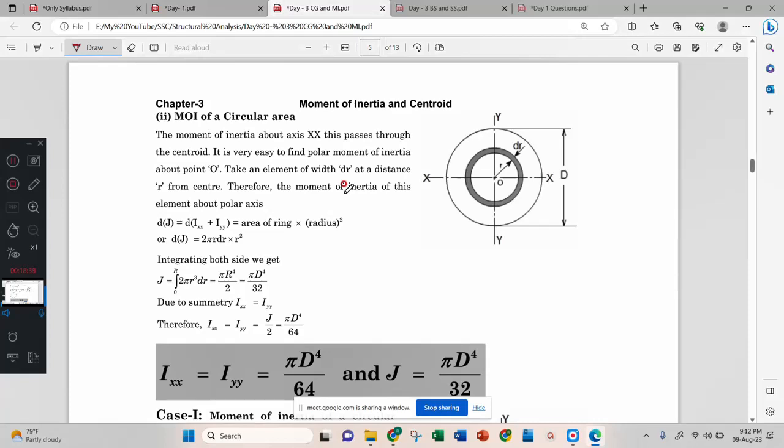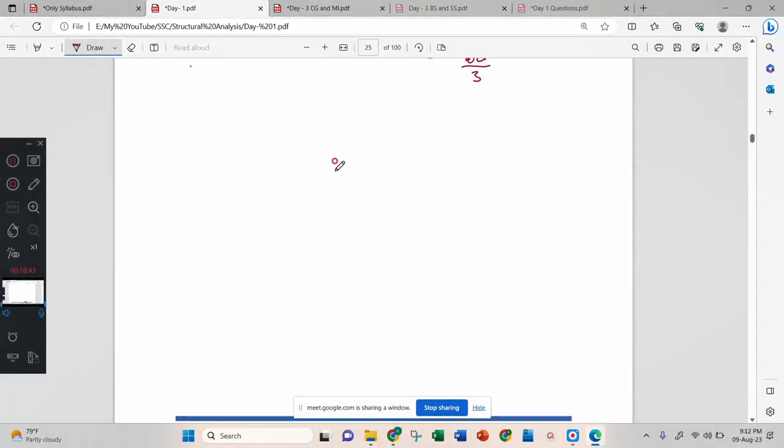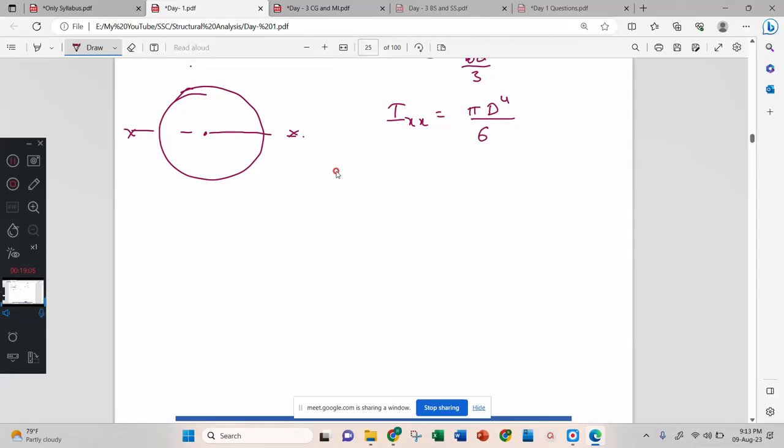Now we'll come to the circular sections. This is your circular section. Now for the circular section about this central axis XX, Ixx equals pi d power 4 by 64.